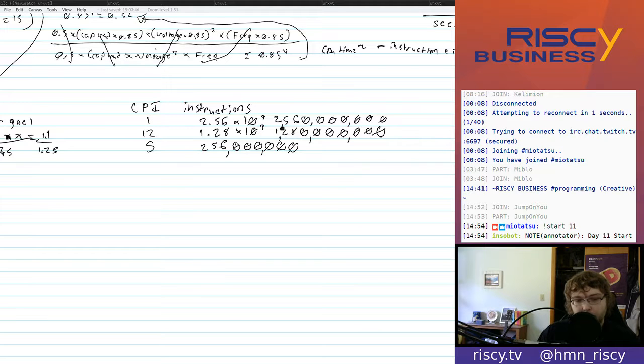So if we want to do the good old fudging, if I take this number here and move the decimal place like 7 places, this one would be 25.6, this one would be 256, and this one would be 128.